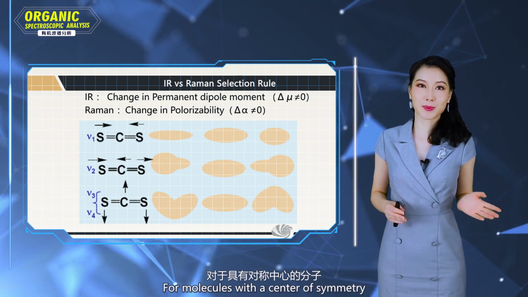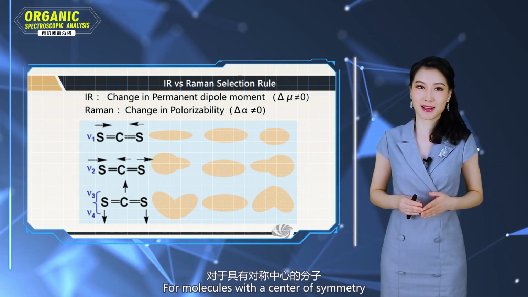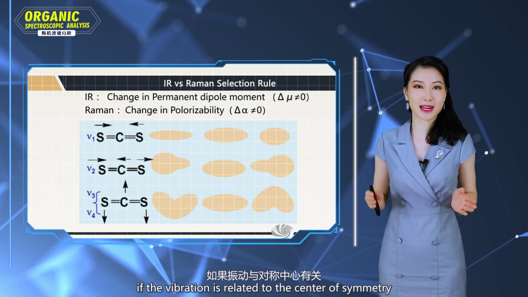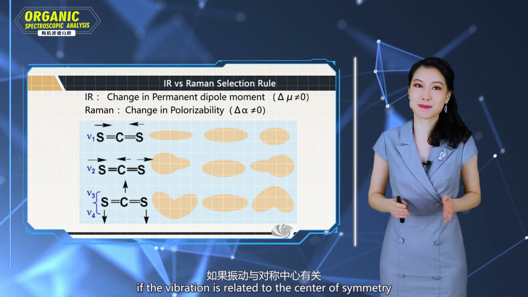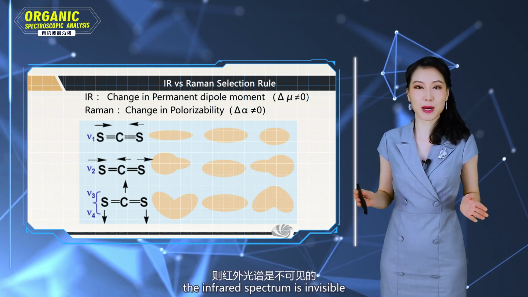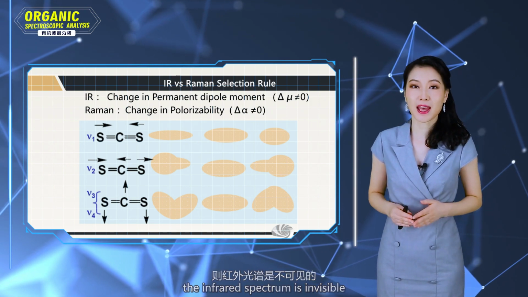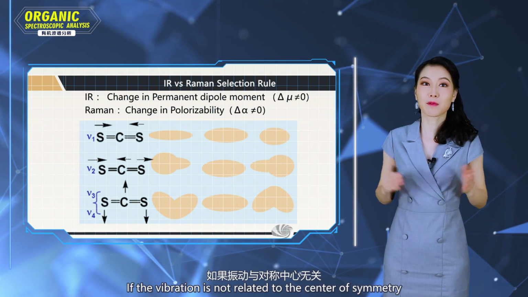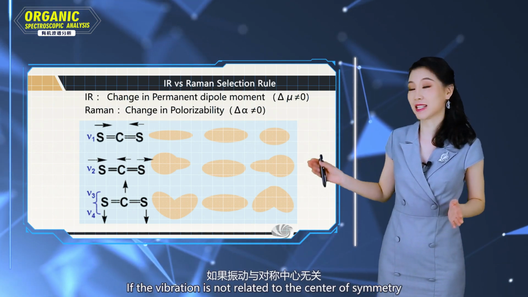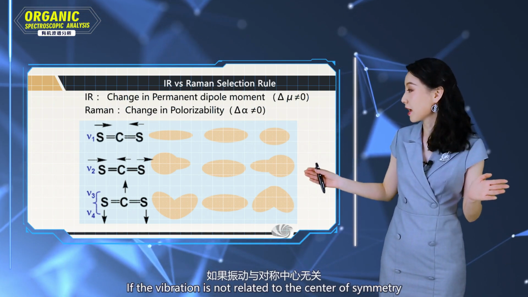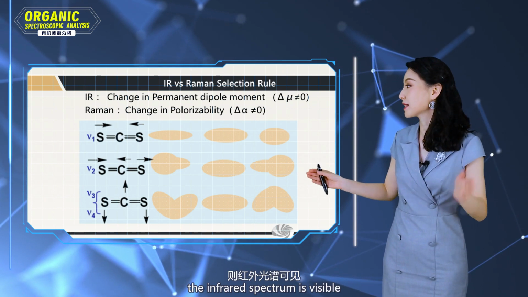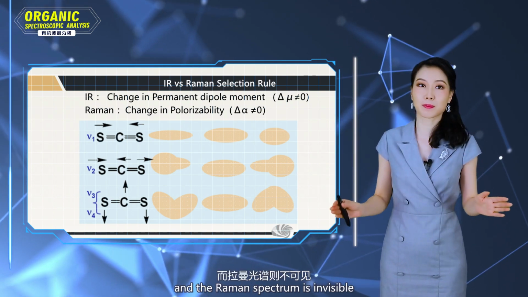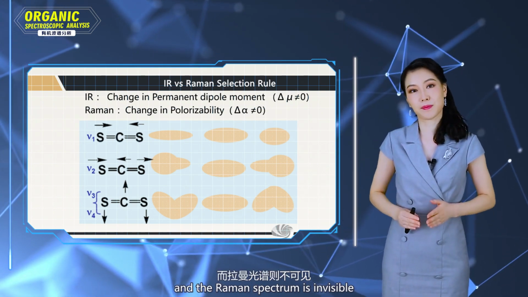For molecules with a center of symmetry, if the vibration is related to the center of symmetry, the infrared spectrum is invisible and the Raman spectrum is visible. If the vibration is not related to the center of symmetry, the infrared spectrum is visible and the Raman spectrum is invisible.